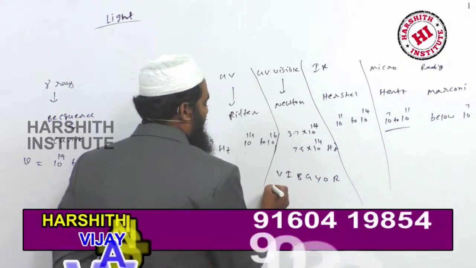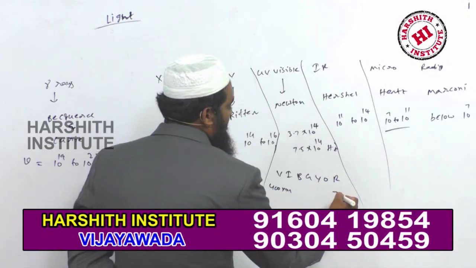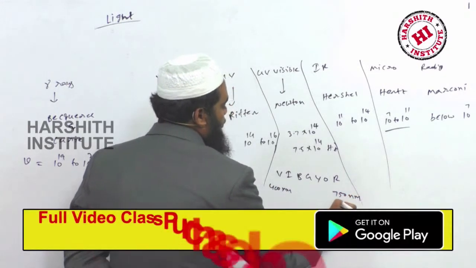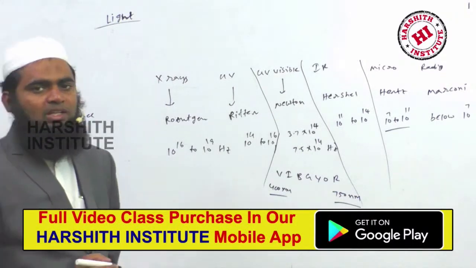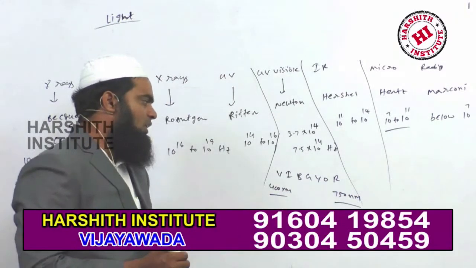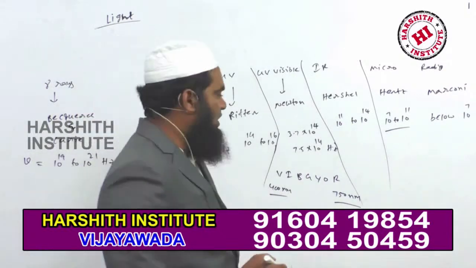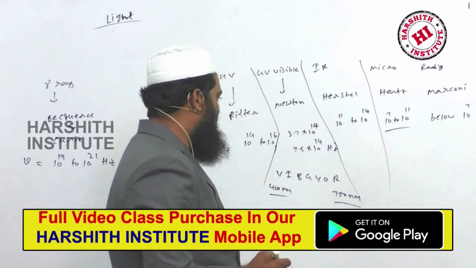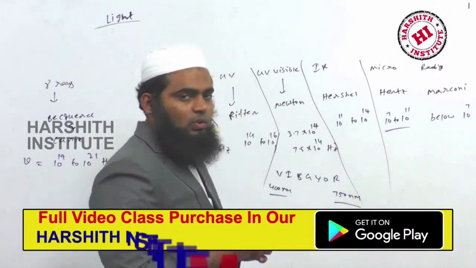Violet is 400 nanometers, red is 750 nanometers. This is the wavelength value. VIBGYOR: violet, indigo, blue, green, yellow, orange, red. The wavelength will be between 400 nanometers and 750 nanometers.